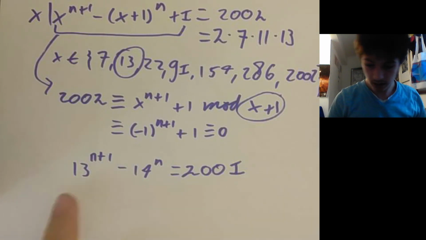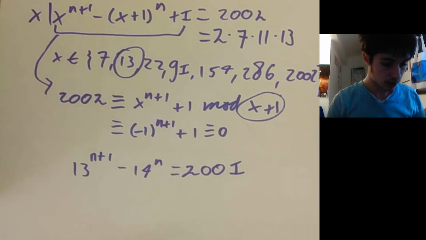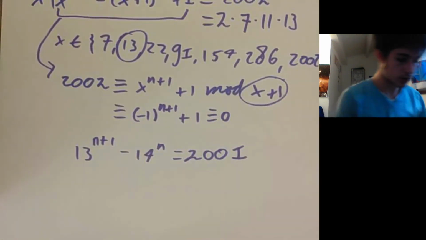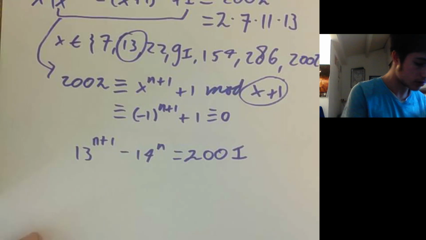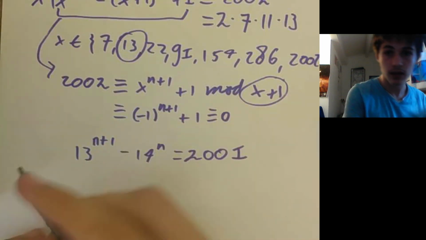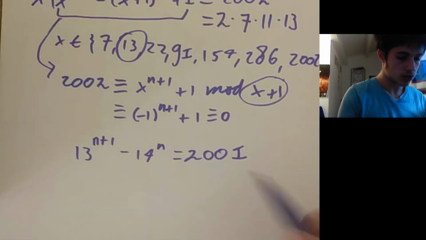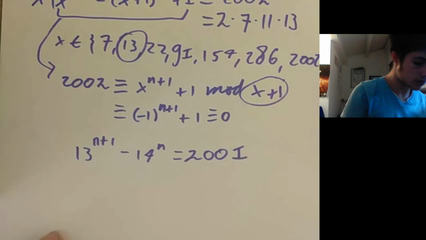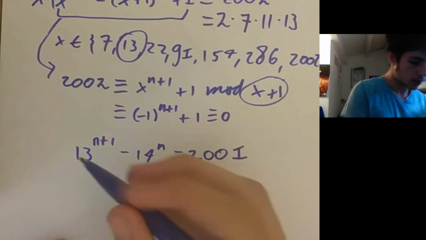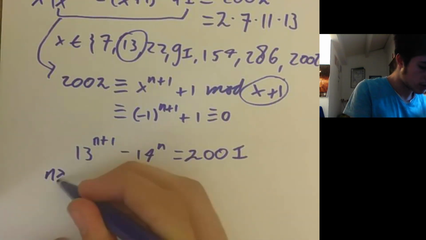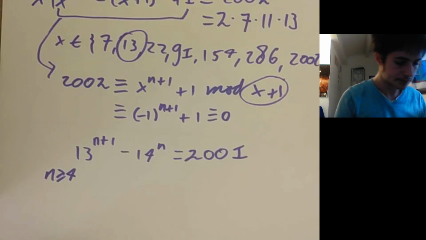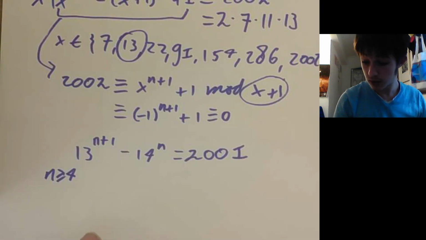And for that, let's first suppose n was even. That's also a thing that we know. So let's look at this equation. Let's first suppose that n is bigger than or equal to 4, because then we can do a neat trick.